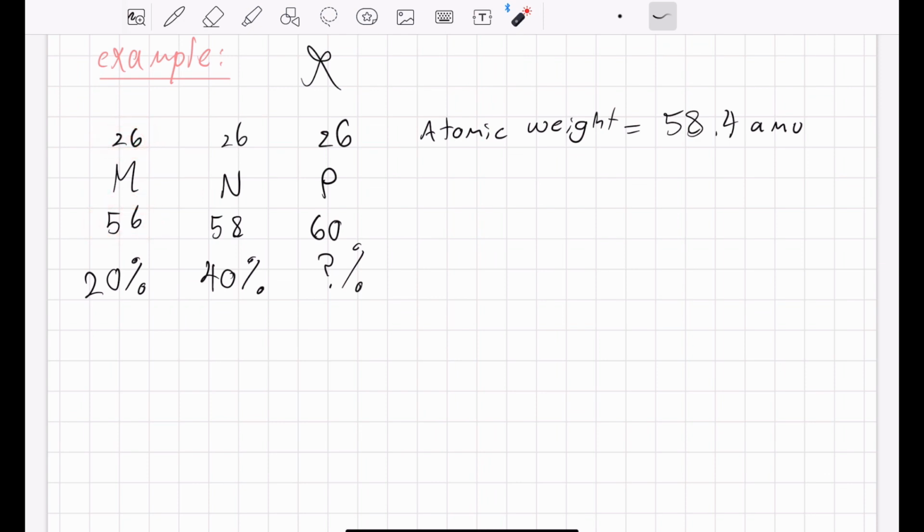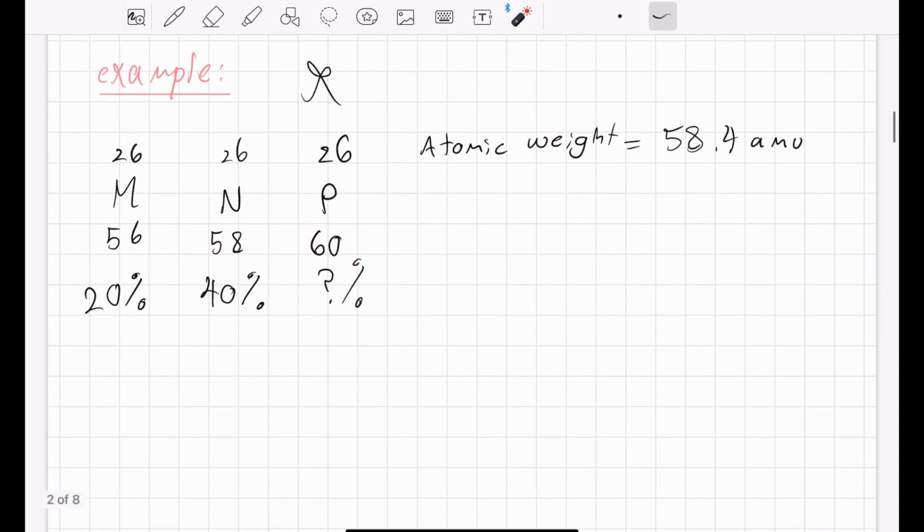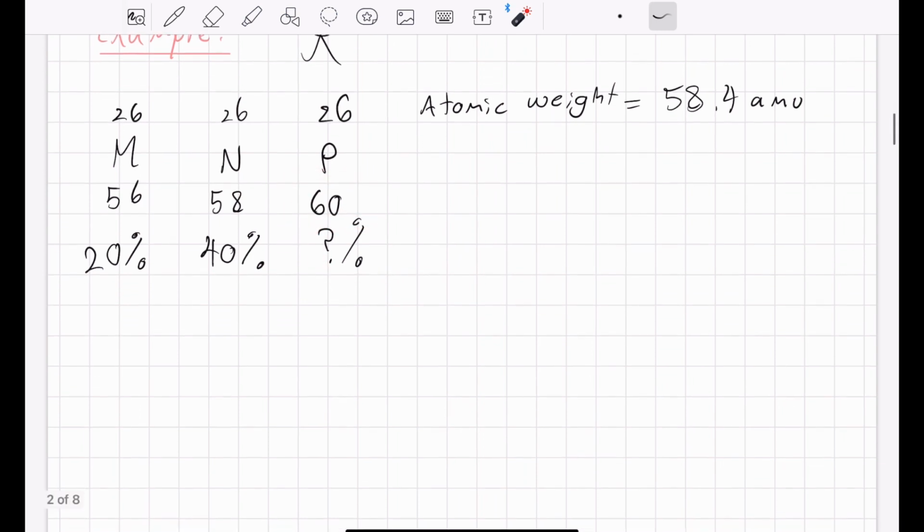The isotope N has an A number of 58, and the P isotope has an A number of 60. And so we're told that the atomic weight, so the weighted average of all these isotopes, is 58.4 atomic mass units. So we're trying to determine the percent abundance of isotope P. So how can we do that?